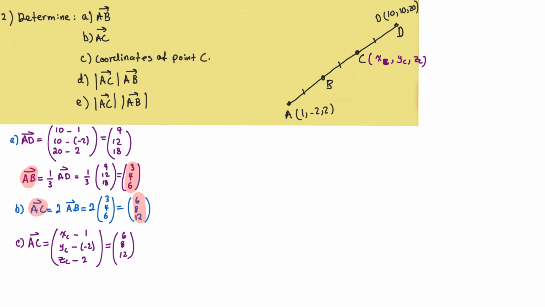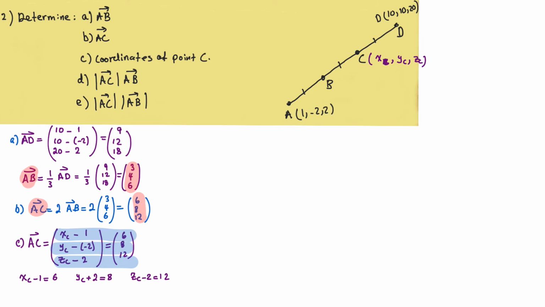This is nice, and now we have an equation for the x component, the y component, and the z component. We'll write them down individually. xc minus 1 is equal to 6. yc minus -2, which is the same as plus 2, is equal to 8. And zc minus 2 is equal to 12.